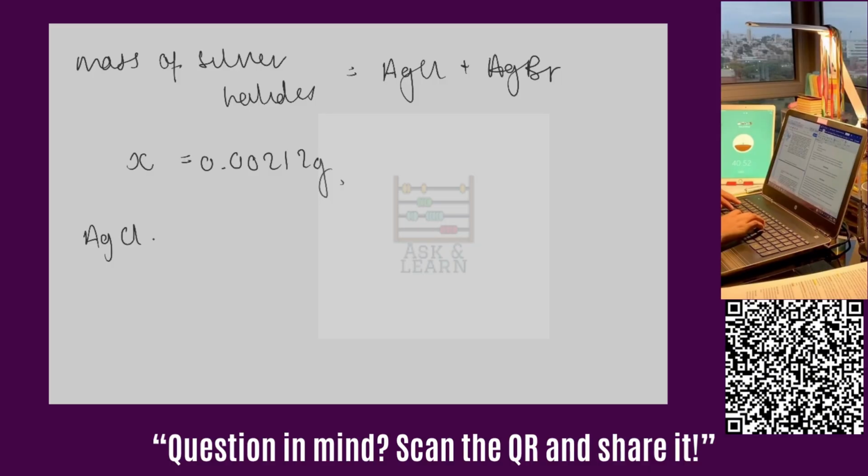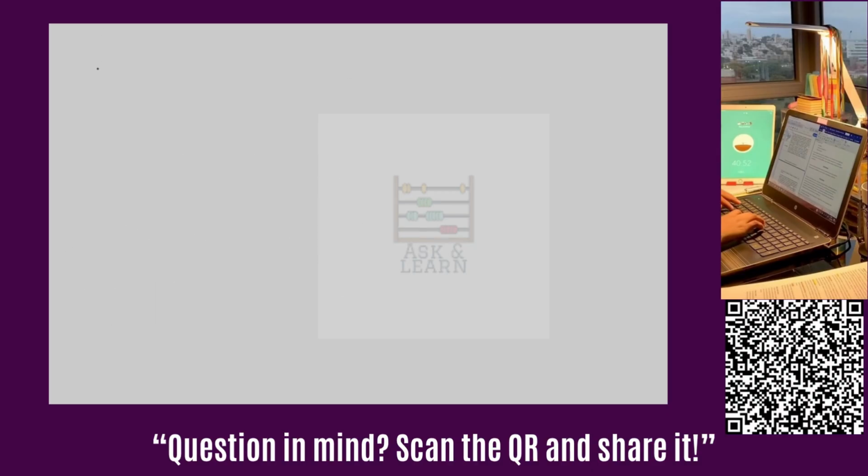That is 0.00212 and AgBr. So now we can calculate the molarity of HCl and the molarity of HBr.